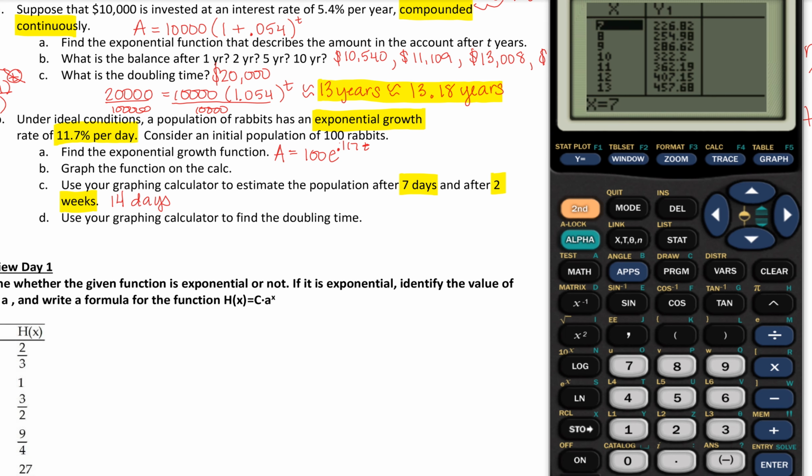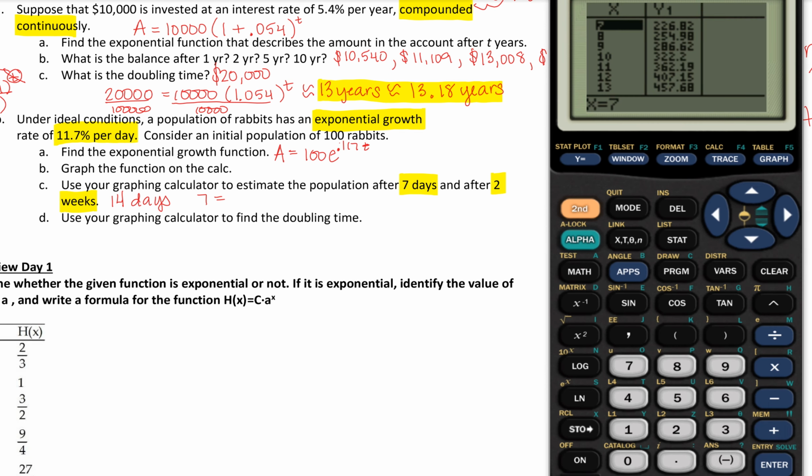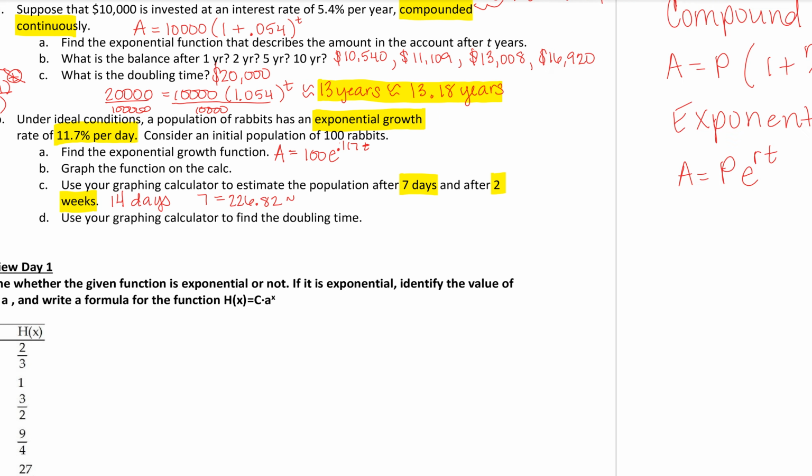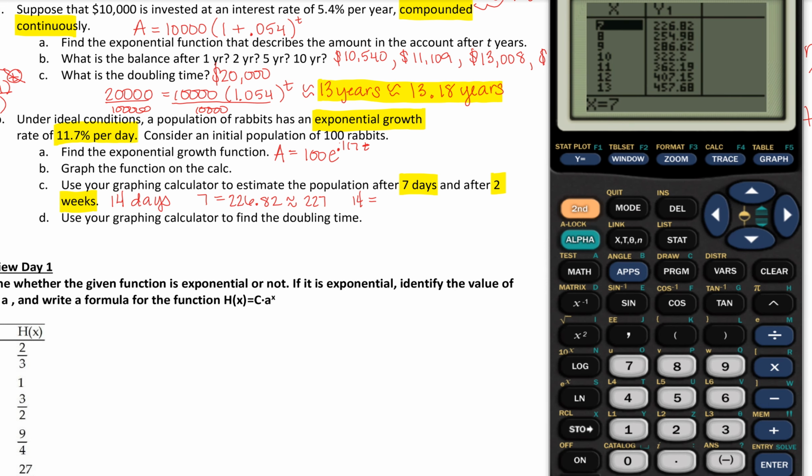So at 7 days, I get 226.82, or roughly rounded up to 227 rabbits. And we're going to now look for 14 days. So I'm going to arrow down till I can get to the 14.